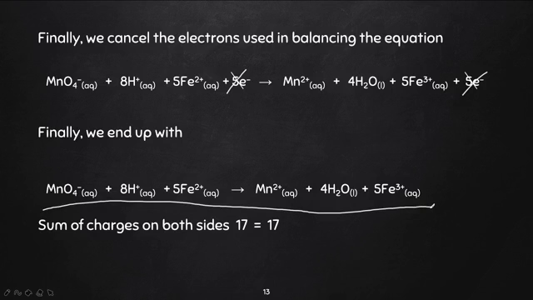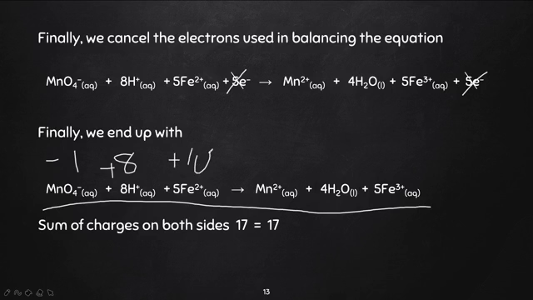The secret about this equation is that if you calculate the charges on the left hand side and on the right hand side, you see that they're actually the same. The charge on manganese ion is -1. That on hydrogen ion is +8. That's on iron 2 ion. As you can see, because of the 5, it affects the charge and changes it to +10.